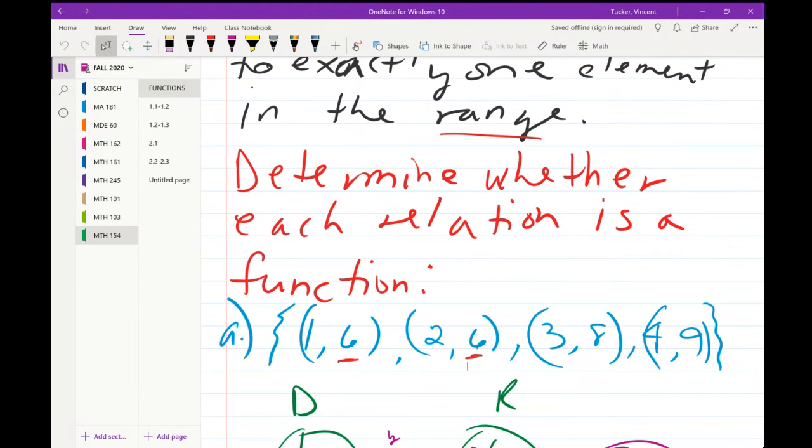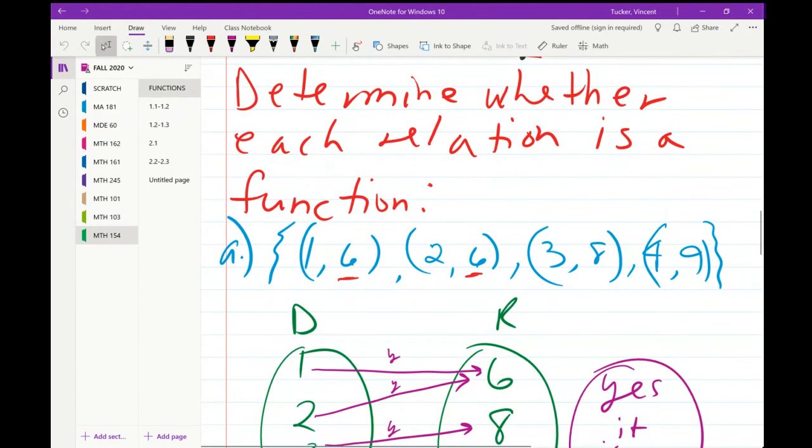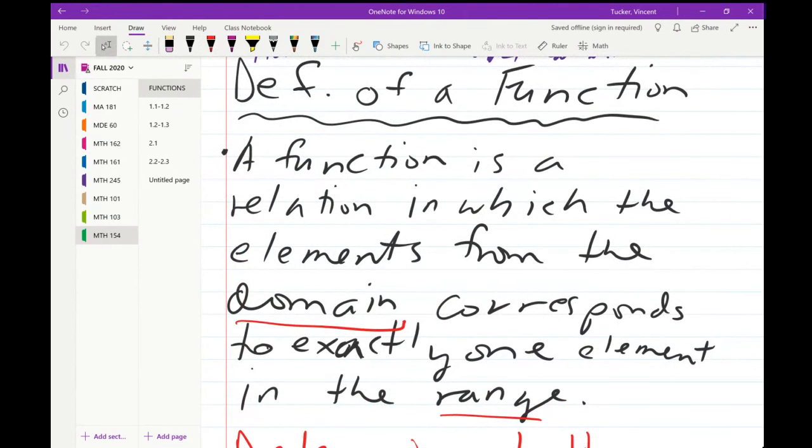All right, so it says determine whether each relation is a function. All right, someone raise their hand. All right, I'll go back here. If I need to go back further, let me know. What's wrong, book?